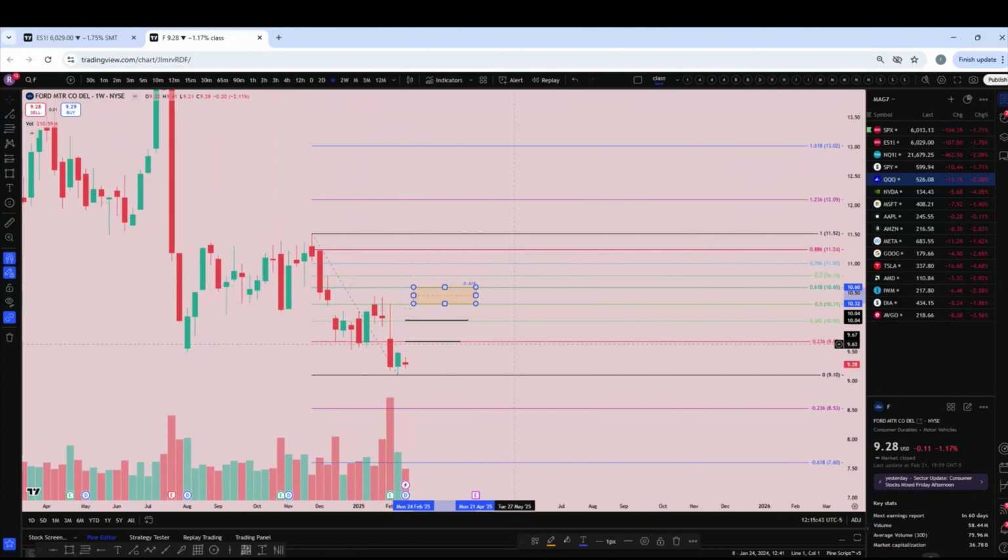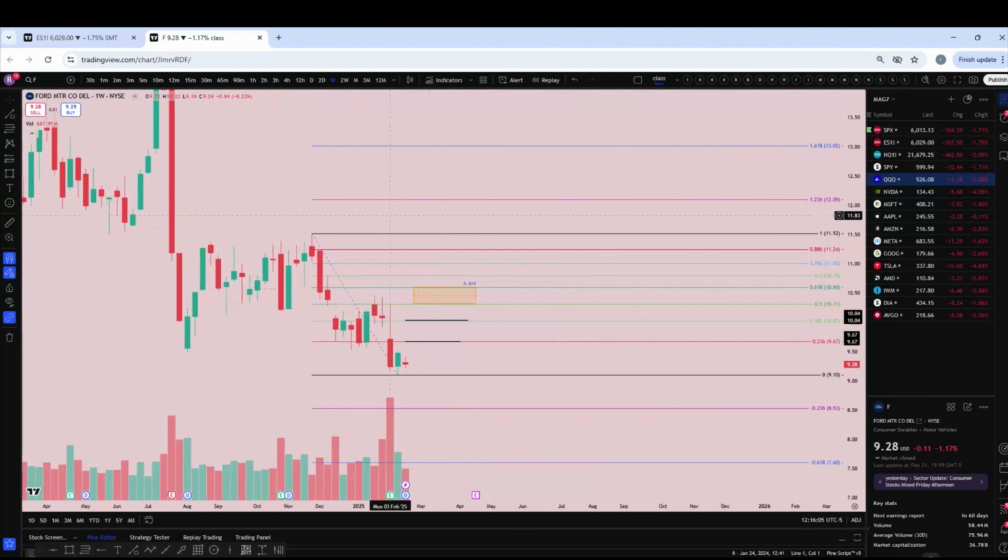And see, for Ford, I would go like a month out. Unless you want to do a small trade for 9.67, 10.02, and then your next one would be 10.31.